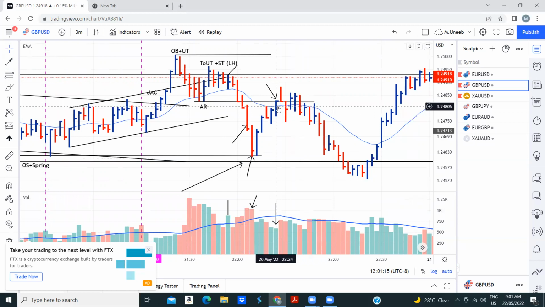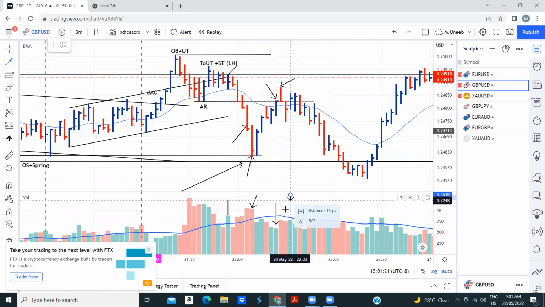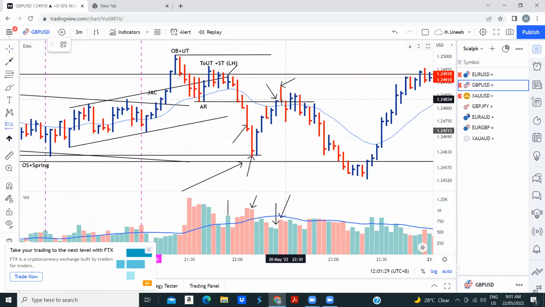Am I right? No demand. Right? And this is what? Yeah. This is what? This one. Hidden upthrust. Right? This is upthrust. So we can take a position right over here.